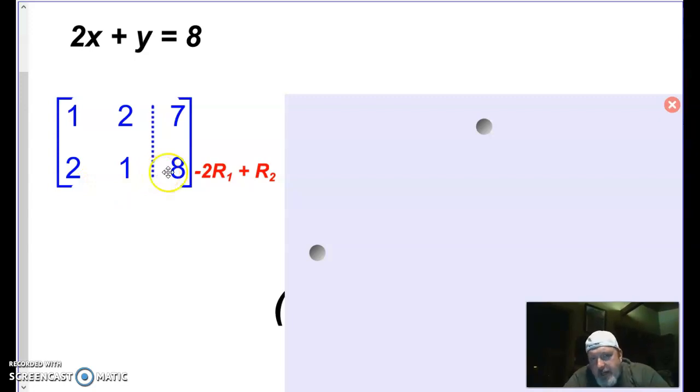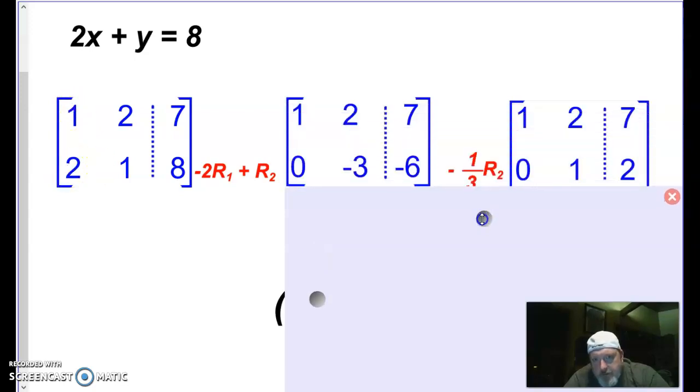And so when I do that, I will get negative 2 times 1 is negative 2. Negative 2 plus 2 is going to be 0. Negative 2 times 2 is negative 4, plus 1 is negative 3. Negative 2 times 7 is negative 14, plus 8 is negative 6.